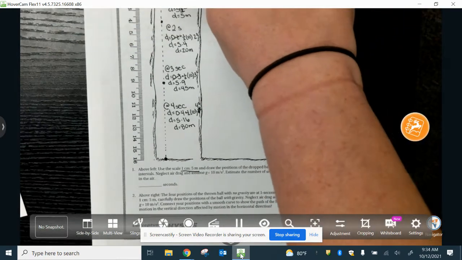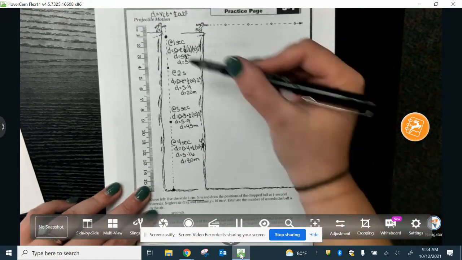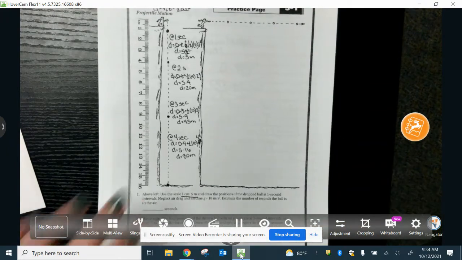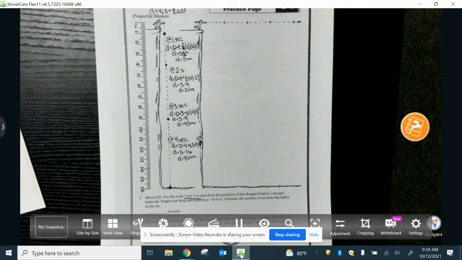Zoom out. 1 second, 2 seconds, 3 seconds, 4 seconds. What is acting on that ball to make it fall? Gravity. And we know that gravity on identical objects is identical, it does not change.